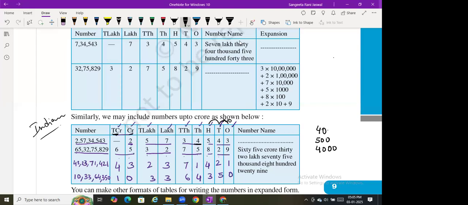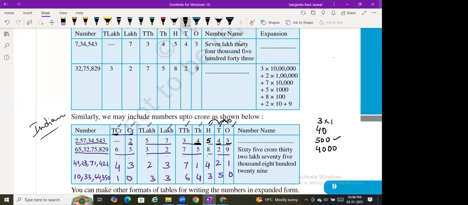Because all the places to the right become 0. When you are talking of the hundreds place number, the right side places are all zeros, and so you get 500. When you are talking of this 4, the right hand place becomes 0. And since 3 is in the ones place, it is 3 multiplied by just 1.